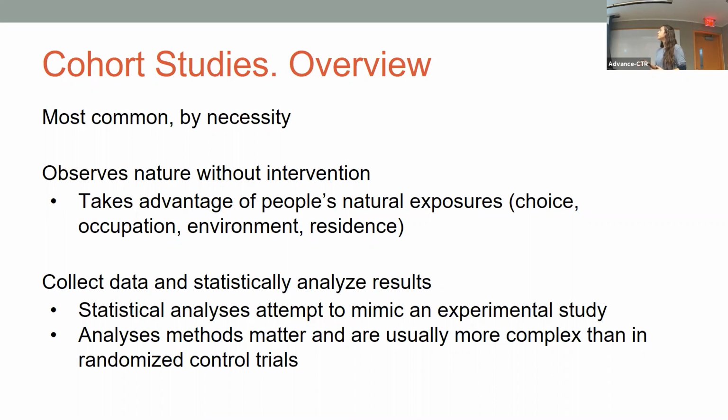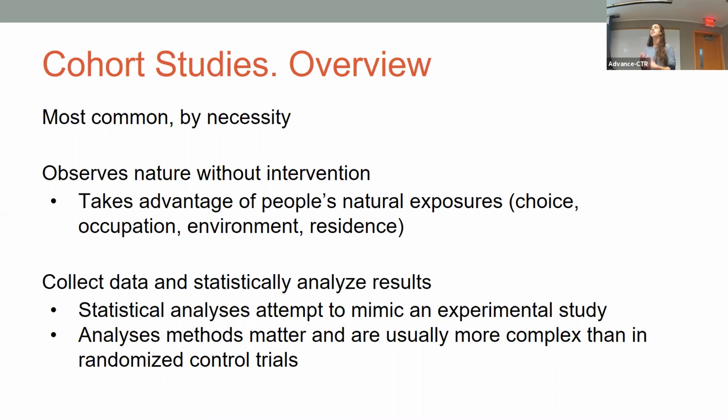In a cohort study, since individuals are self-selecting their exposure status, we're basically observing nature without intervening, taking advantage of people's natural exposures. One thing that's interesting is that a cohort study, in its data analysis, is actually trying to replicate a randomized control trial or an experimental study.